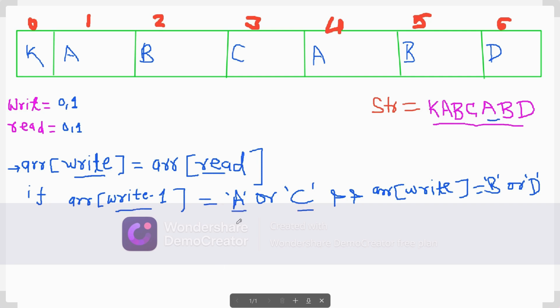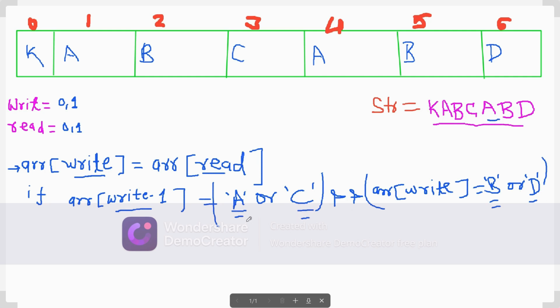So the previous character should be either A if it is AB, or it should be C if it is CD. If it is, let's say, A, then at write it should be B. Or if it is C, then at write it should be D. So if both of these conditions are true, in that case what happens? If this is A and this is B, it is AB, or if the left side is C and this guy is D, then it is CD.